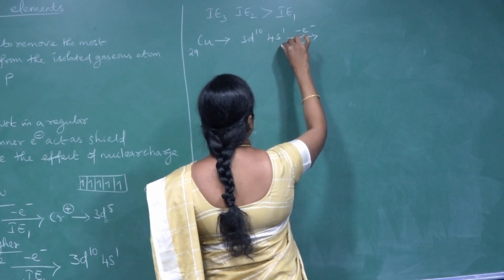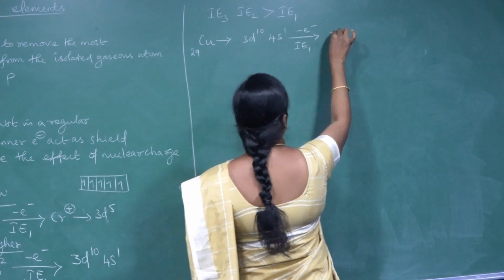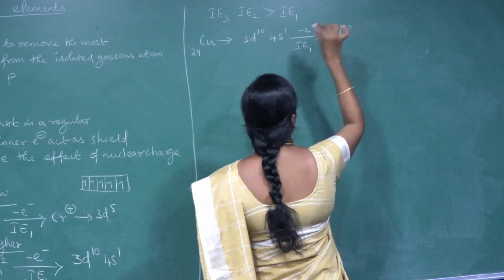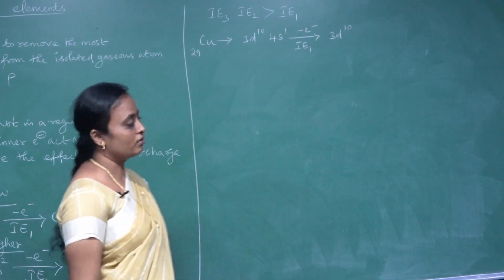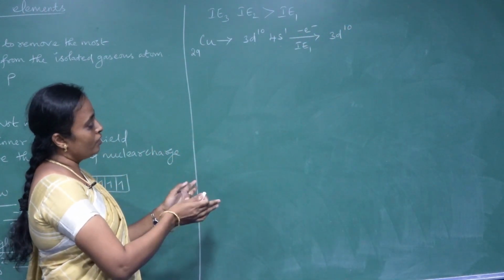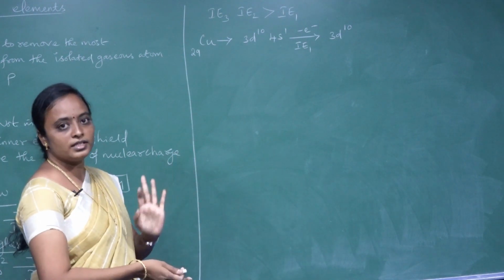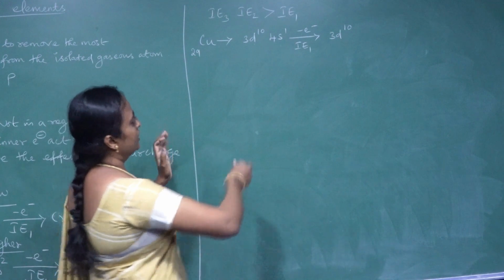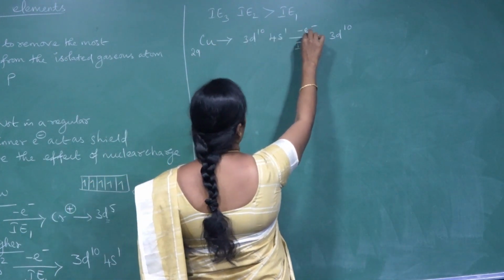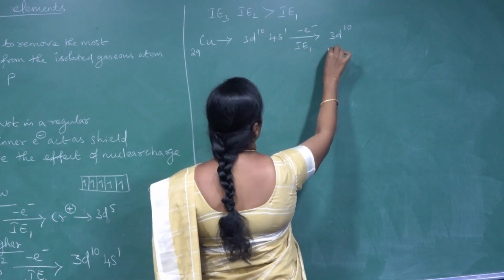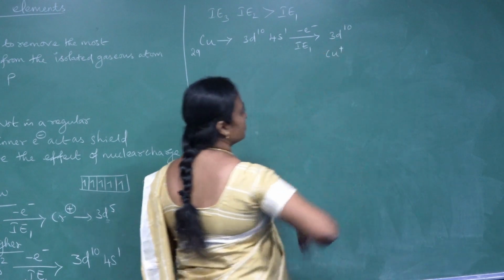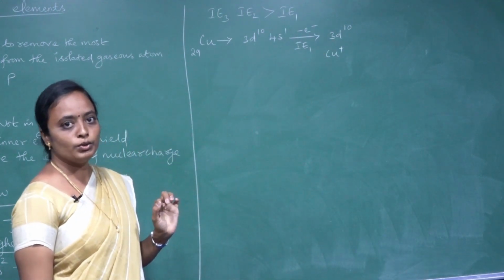I am removing just the 4s electron, so I get 3d10. After removing that one electron, we get the most stable electronic configuration, 3d10. So Cu becomes Cu plus.